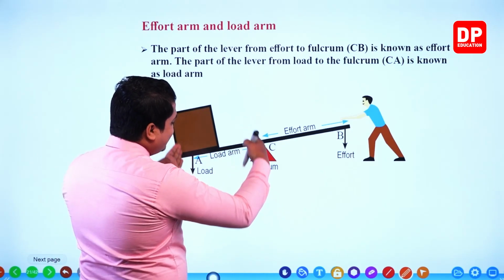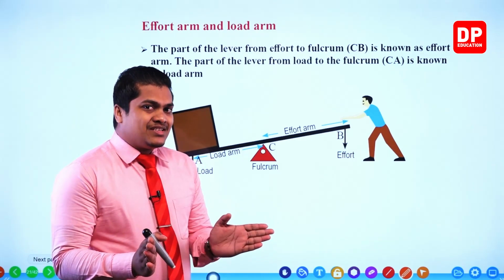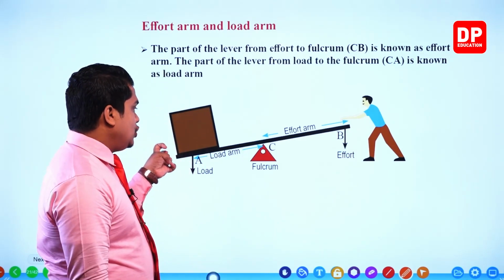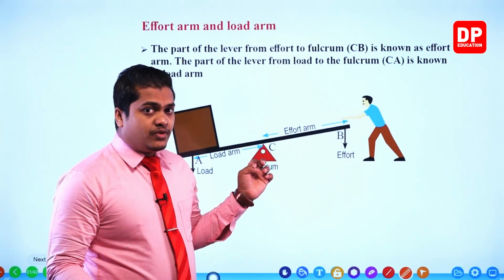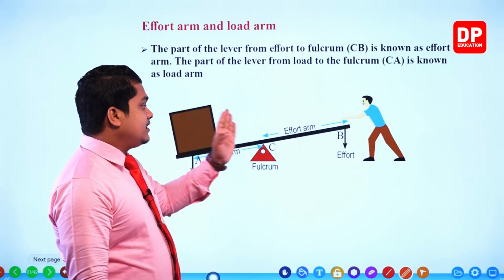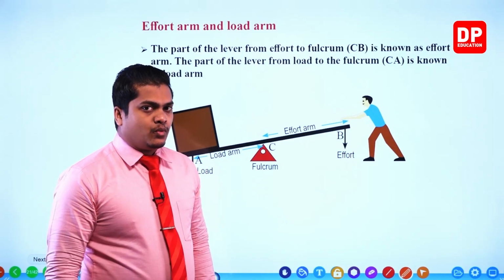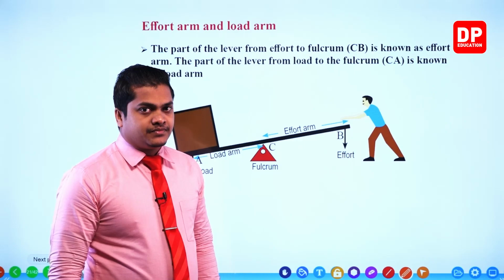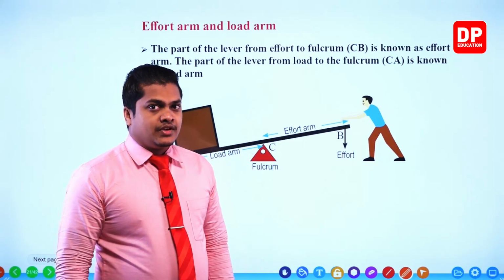This gap or distance is the load arm. So the load arm is the distance between the load, meaning the weight which we need to lift, and the fulcrum. The fulcrum is the point where the lever has been balanced. So this particular length is called the load arm.